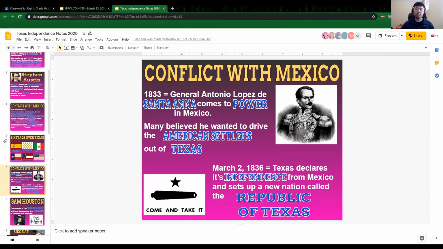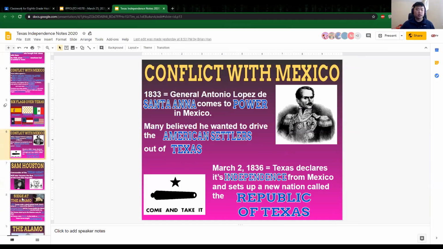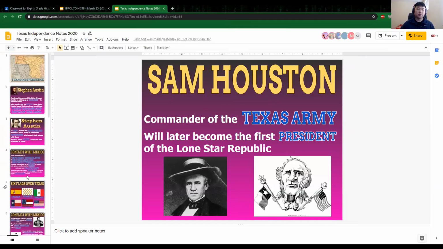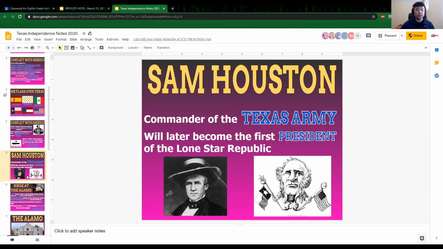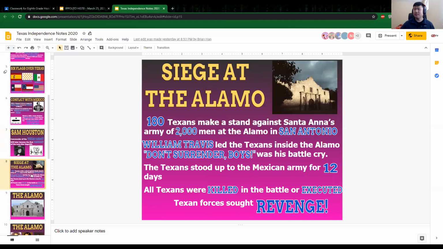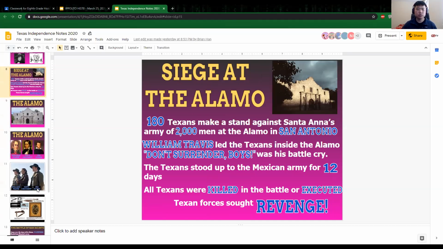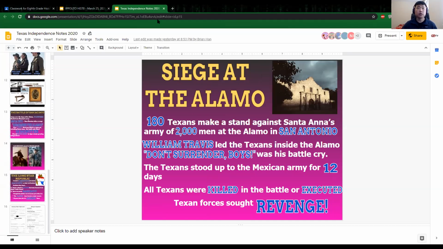The Texans' conflict with Mexico is specifically General Antonio Lopez de Santa Anna in 1833, and then goes over major characters such as Sam Houston, Stephen Austin, and then, of course, the big event, the siege at the Alamo, which leads into the homework assignments.